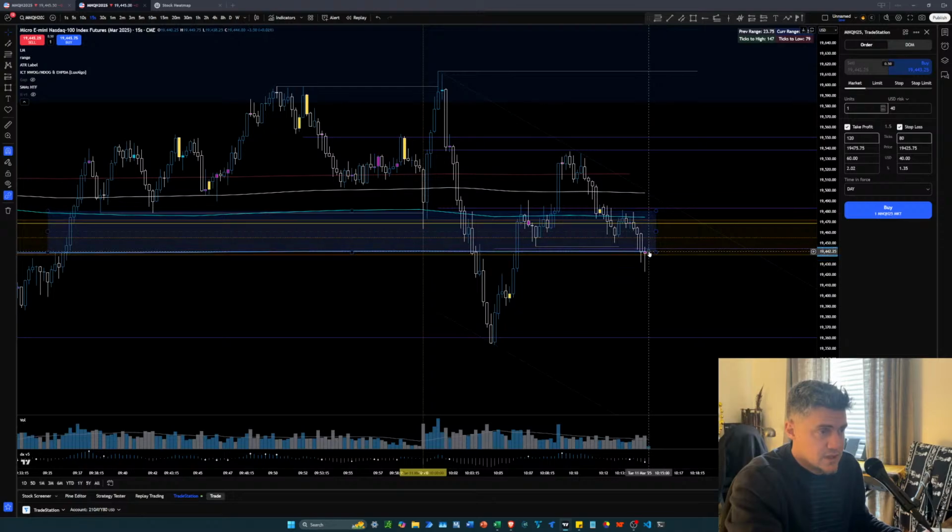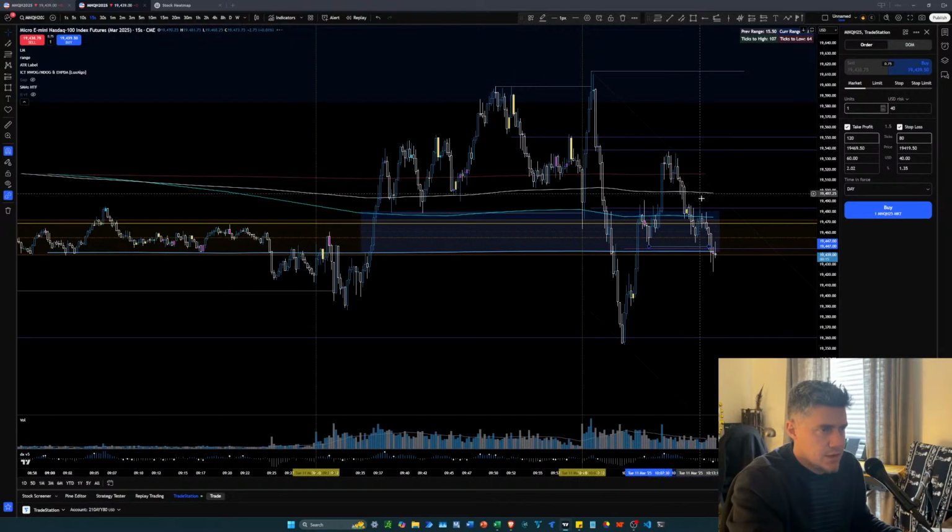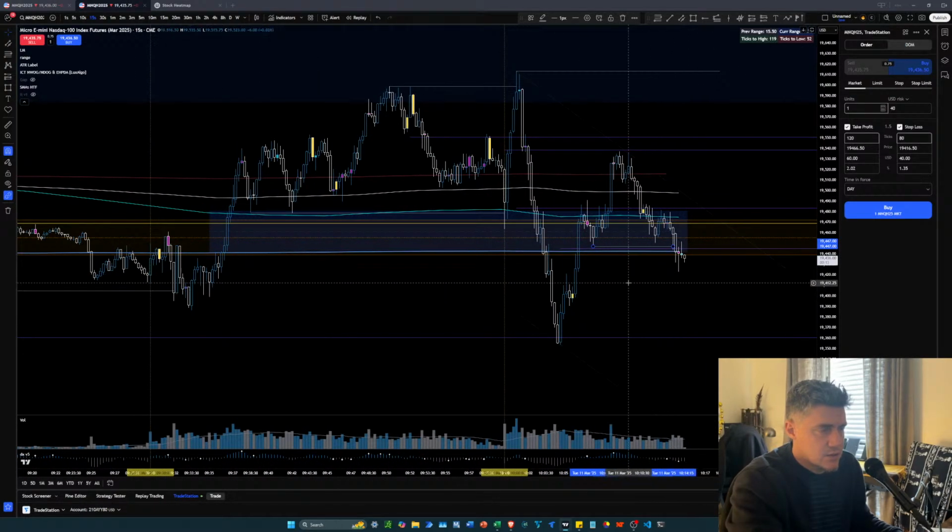Ooh, you would think this is a buy, but now I'm leaning 200 period. Liquidity swept. A little bit deeper pullback action than I wanted to see after this retracement.